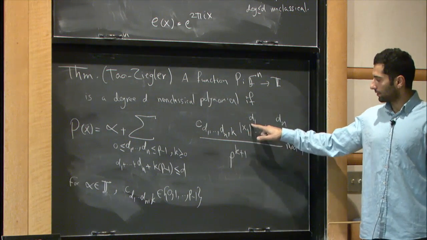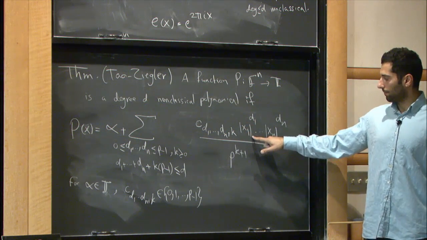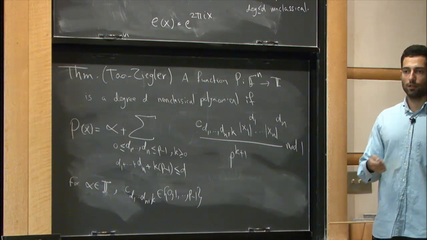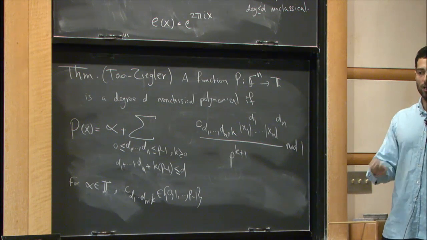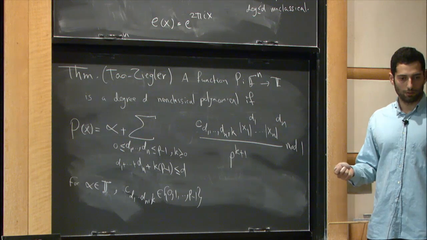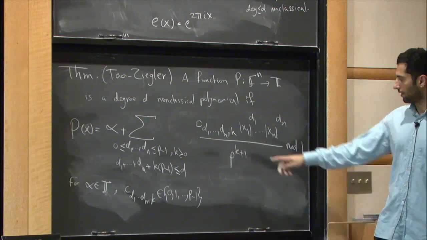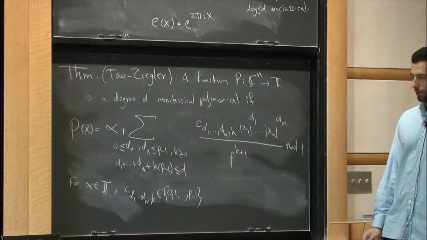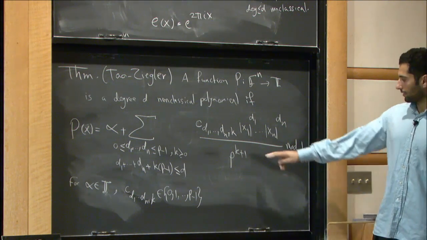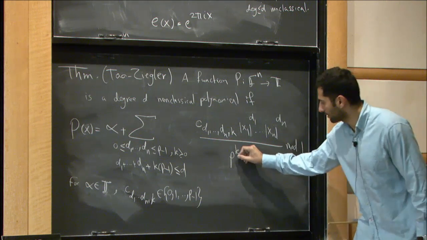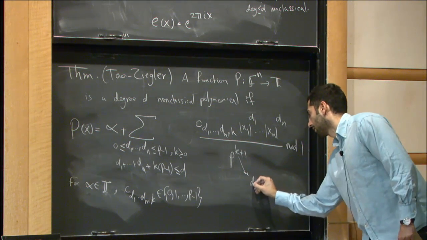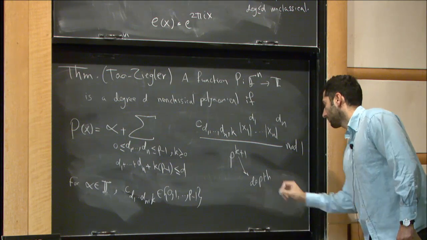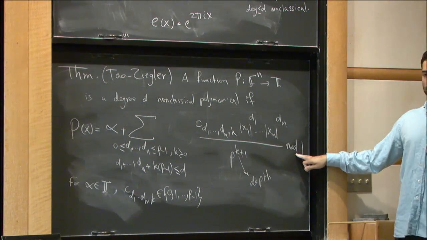The absolute value denotes just the standard map from F_p to 0 up to p minus 1. So if I plug in 2, it just gives me the integer 2, and so on. Then k is called the depth of a monomial, and everything is done modulo 1.